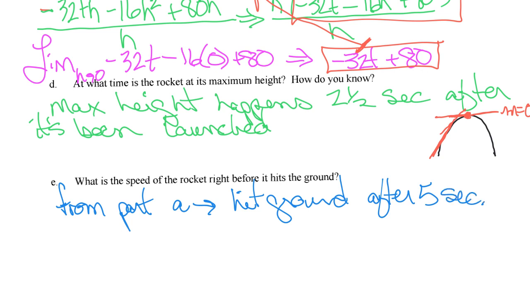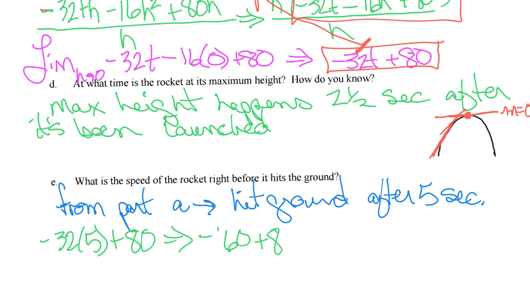Okay, so like we did for part B, what is its velocity after 5 seconds? We found up to 4 seconds, so let's go ahead and find after 5 seconds. So it's going to be negative 32 times 5 plus 80. Okay, negative 32 times 5 is negative 160.